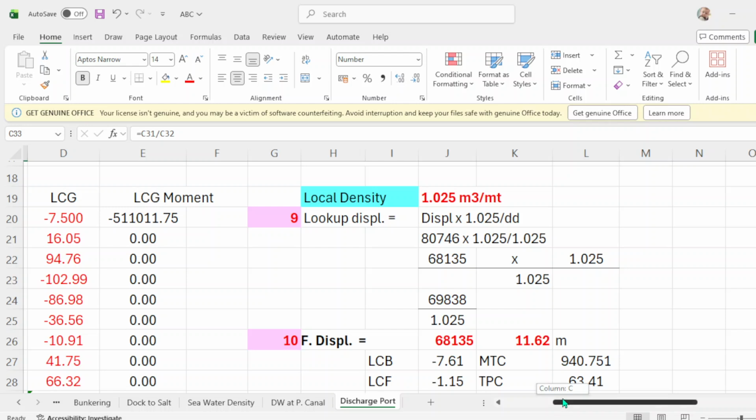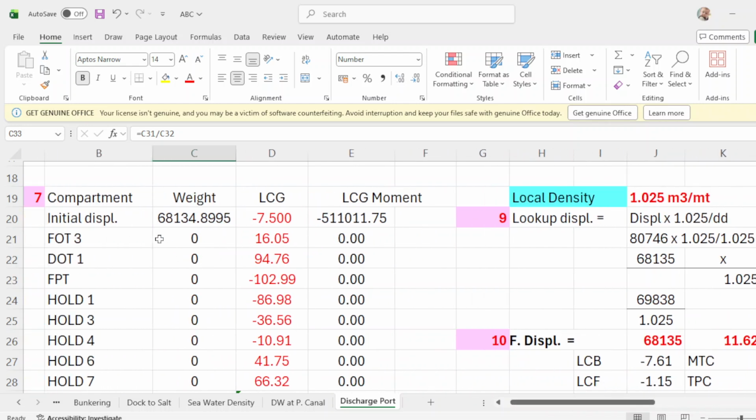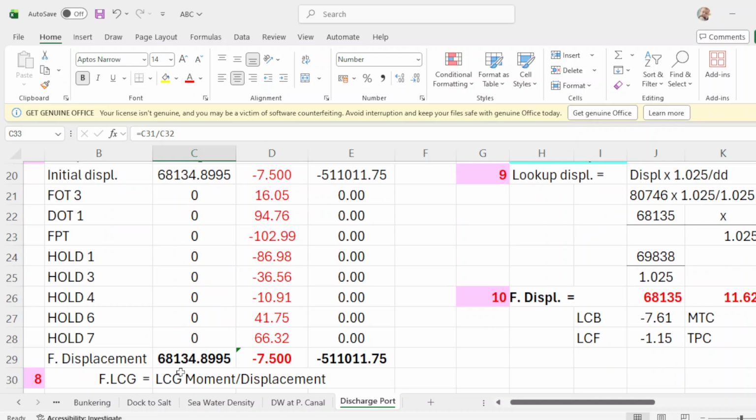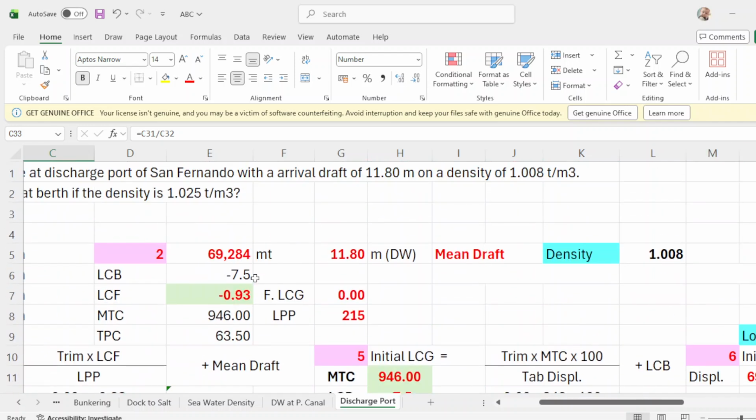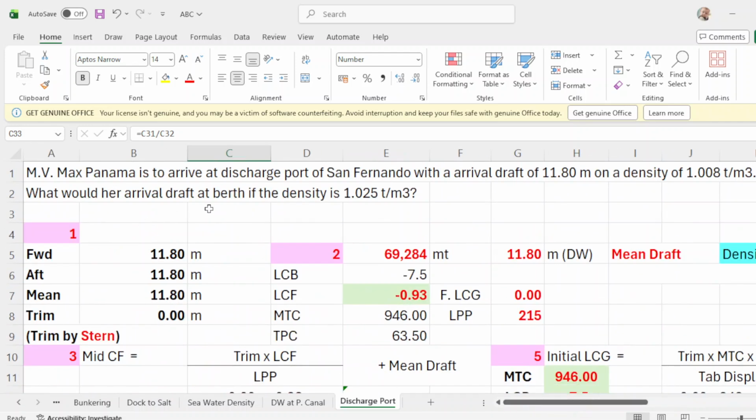Your final displacement is 68135, times your constant of 1.025 over your local density at berth. As the problem says, what will be her arrival draft if the density at berth is 1.025.